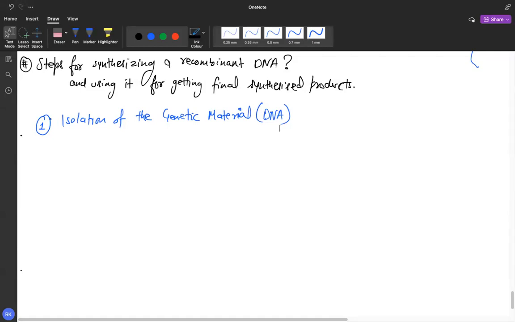But when we do scientific research or biotechnological research, we need pure DNA. So anything that can be present with DNA, we need to degrade it. We can do that by using enzymes. What are the enzymes that we can use to get rid of other things?